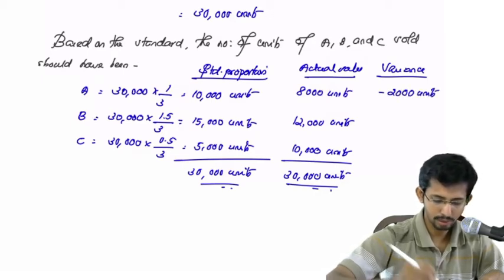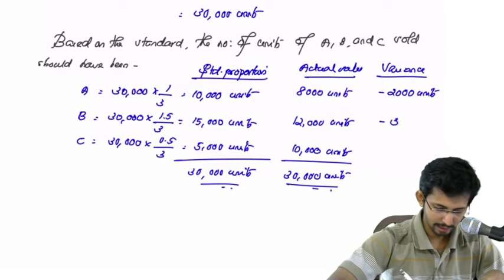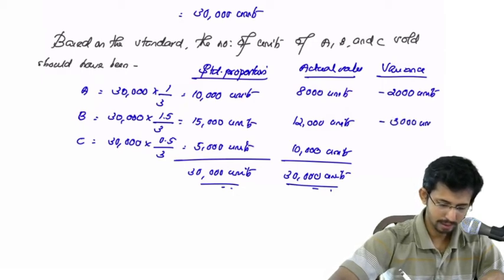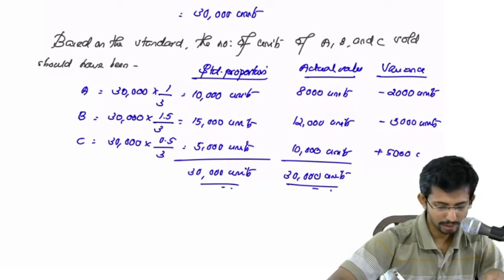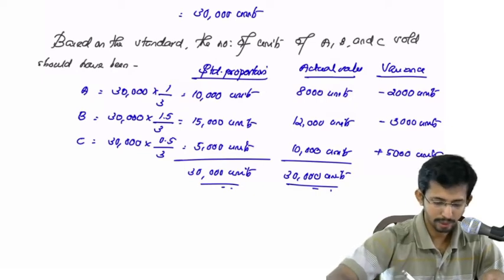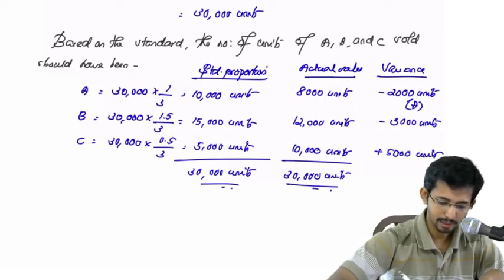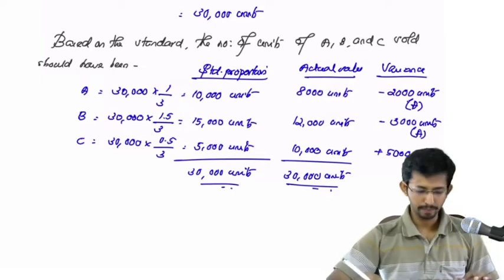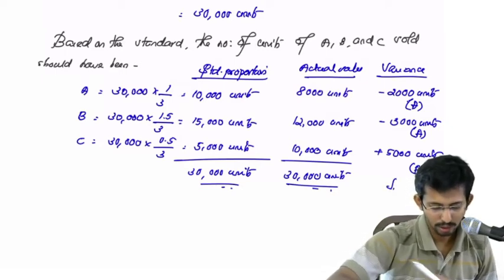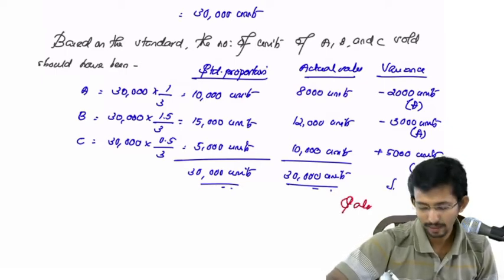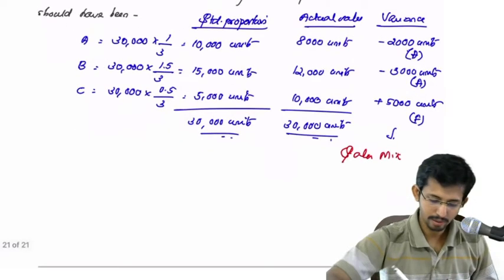So here 2,000 units negative, here 3,000 units negative, and here 5,000 units positive. So this will be adverse, this will be adverse, this will be favorable. Is it clear? And this variance is translated into which variance? Sales mix variance.